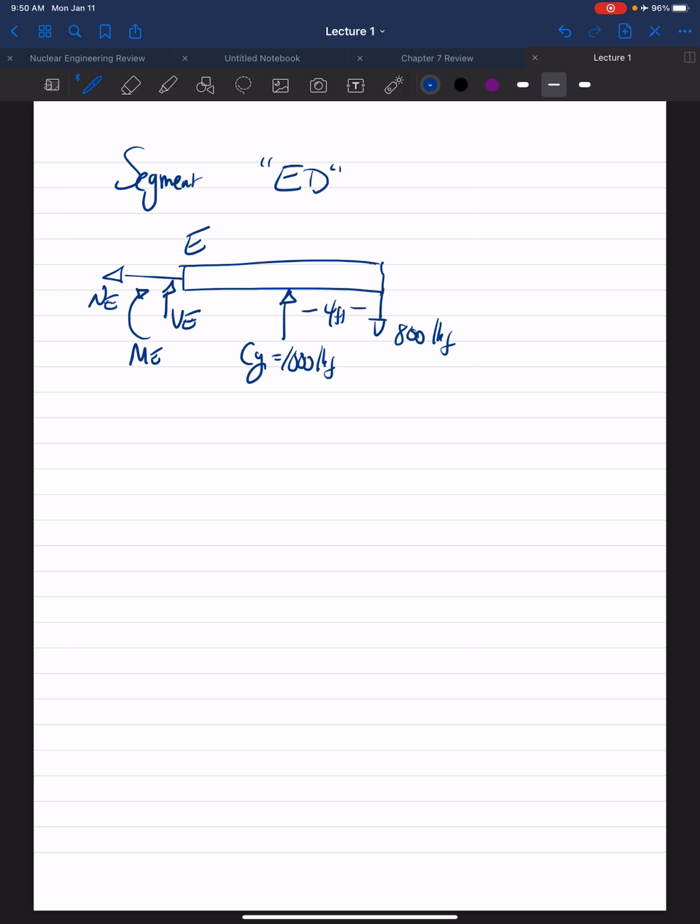So then using our equations of equilibrium, sum of forces in the x direction equal to 0. We have our negative NE, since the orientation of the sense of that vector is in the negative x direction.